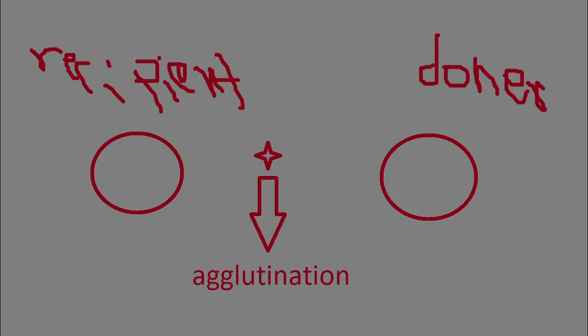Let's talk about the donor-recipient relationship when it comes to donating blood between donor and recipient in red blood cells. Of course, sometimes when we mix both blood cells, we will have agglutination. In this case, that means there is antibody of the recipient or the donor against the opposing blood type.